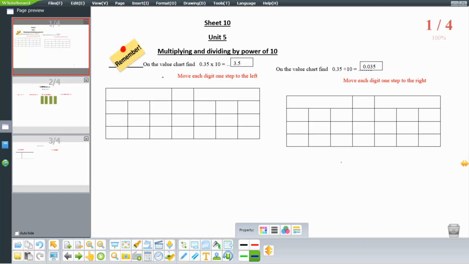Okay, we remember that if we have 0.35 times 10, and I want to use the place value chart, we are going to use it. So let's write. Here is the star, and this is the decimal point, and this is the decimal places.